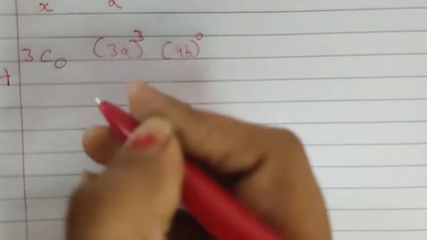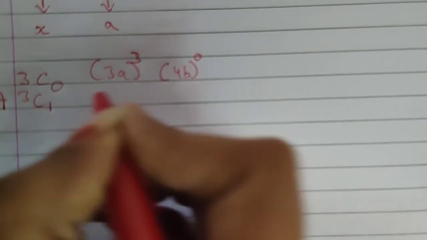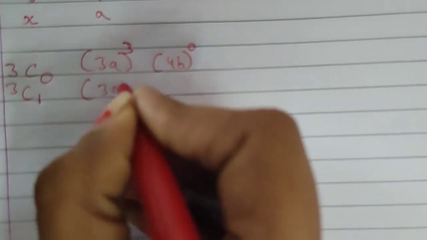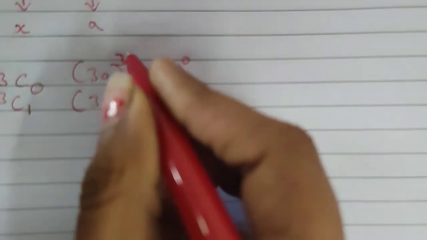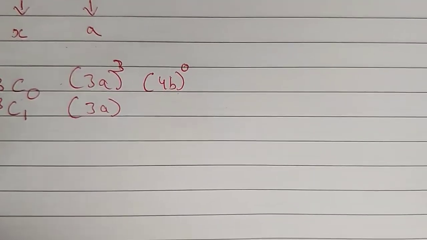Then here plus, after 3C0, now 3C1, 3a raised to, now the power of your x will keep on decreasing by 1 and the power of your a will increase by 1.